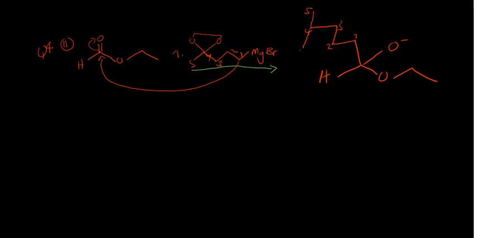Then the second step was to add an acid or a proton. So a proton was added. Second step, proton, which is H3O. So this oxygen, which is negatively charged, will be protonated by the acid.